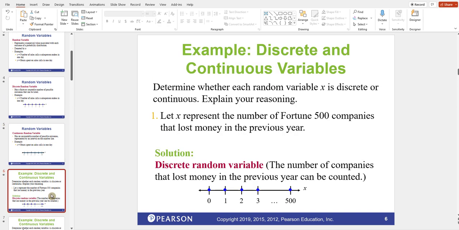So we're going to determine whether these random variables are discrete or continuous. The first one says let X represent the number of Fortune 500 companies that lost money in the previous year. So this is something that you can count. You can count the number of companies. It's not going to be a continuous number. So this will be considered discrete.